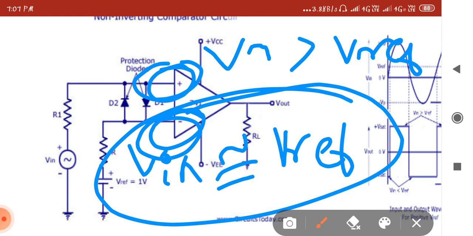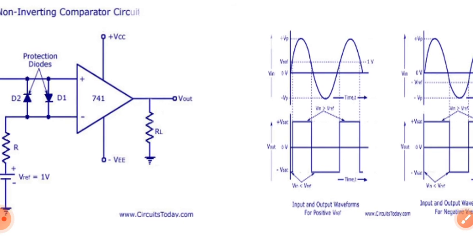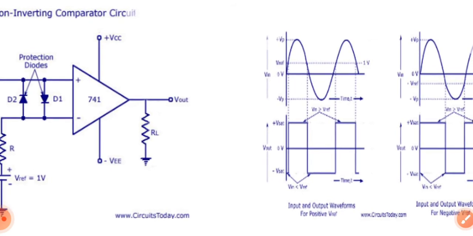Then, in the graphical representation, we are going to see that one. In the analog to digital converter, at a given time, the V0 waveform is greater or lesser than the V reference. The comparator is sometimes also called the voltage level detector, because for the desired value of the V reference, the voltage level of the input Vin can be detected.